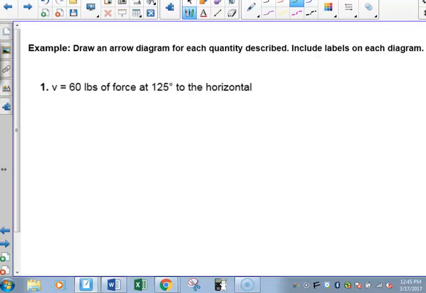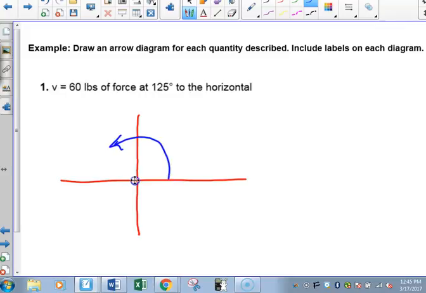You have these, so you need to be doing these on your paper. 60 pounds of force at 125 degrees to the horizontal. It said several slides ago that when it says to the horizontal or standard position, it's starting where? Positive x-axis, okay? So it's measuring off of here, 125 degrees around here.